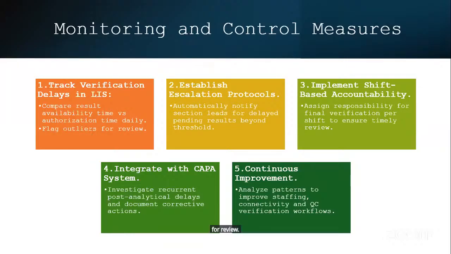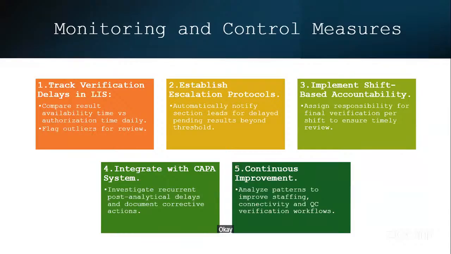Once you identify outliers, you then design what we call CAPA, corrective action, preventive action. But first, you have to identify the root cause of that. Then once you have that, establish escalation protocols. What do you do when your supervisor or pathologist is not around to review that report and the report is actually needed?